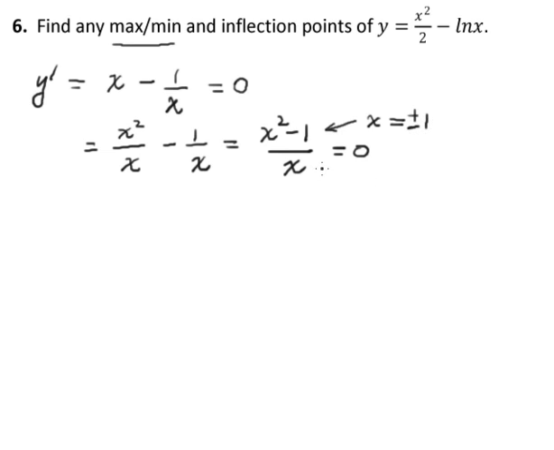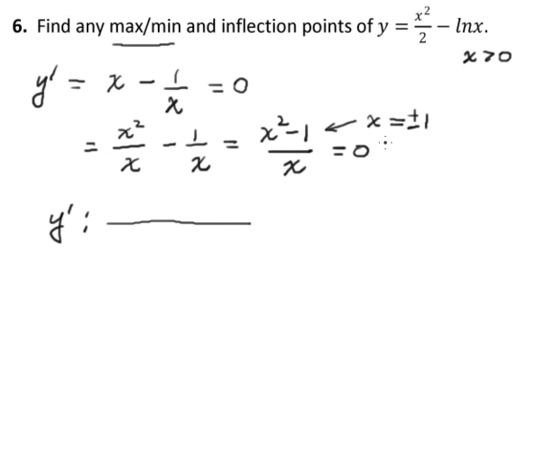And the derivative doesn't exist when x is equal to 0. But notice this function is only defined for x greater than 0, because the domain of ln x is x greater than 0. Okay, so let's do a plus minus analysis of y prime. That is, let's see where y prime is greater than 0, less than 0, or equal to 0.